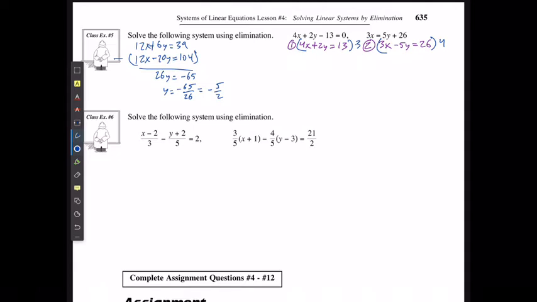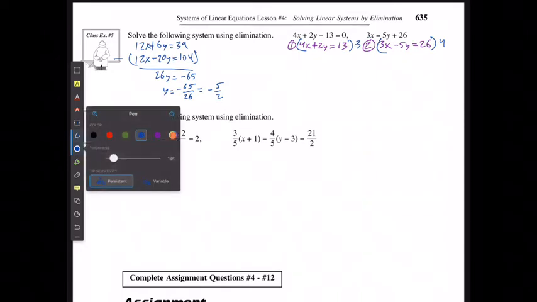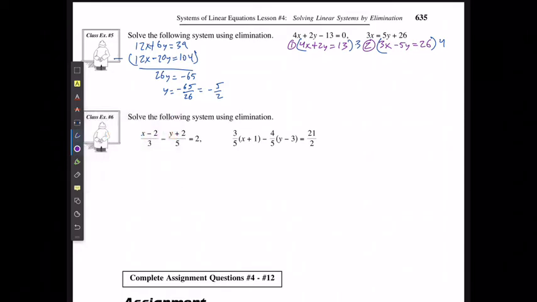I'm going to choose, in this case, to substitute it into equation 2 because x is already by itself in equation 2.